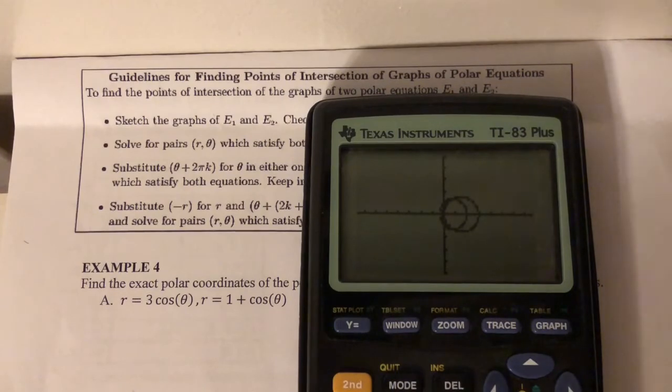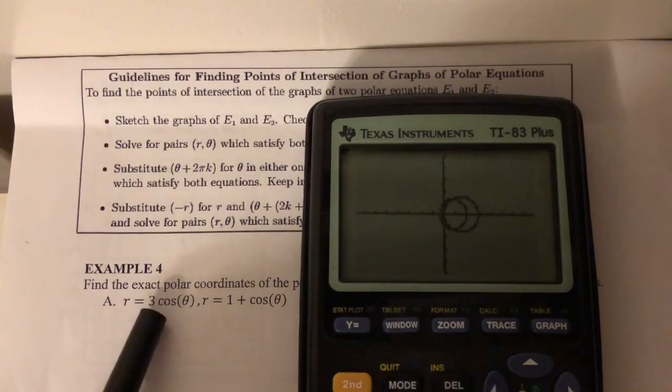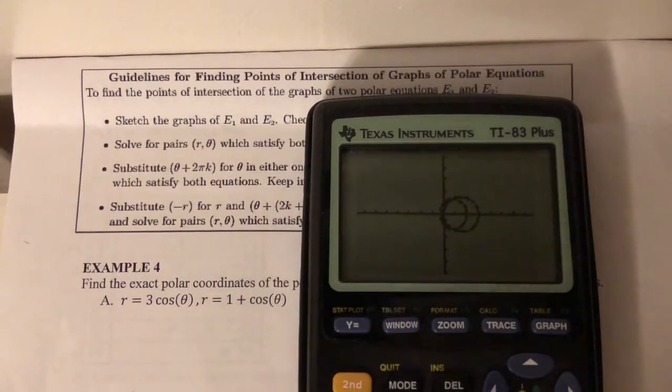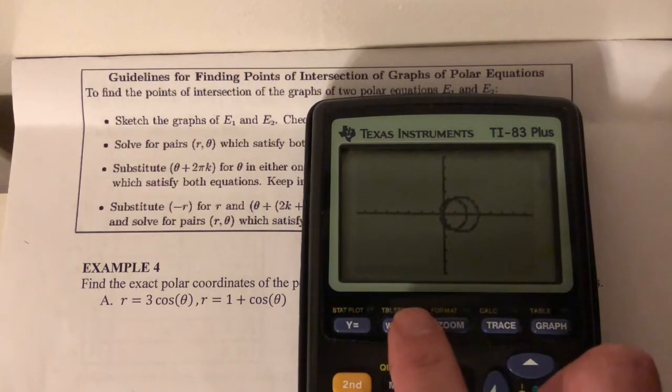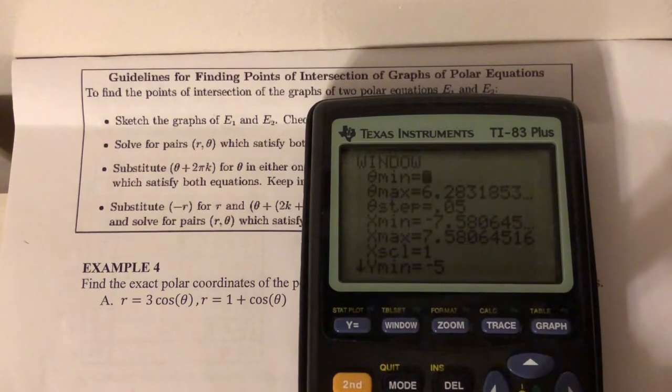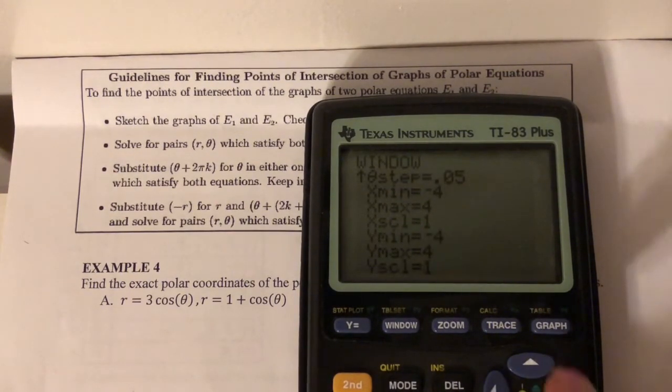If you remember from the last video, we should recognize 3 cosine theta is a circle, 1 plus cosine theta is a cardioid. So let's zoom in just a bit to see this in a little bit better detail. My x is zoomed out pretty far. Let's look from, say, -4 to 4 on the x, -4 to 4 on the y. I'm just picking numbers here.